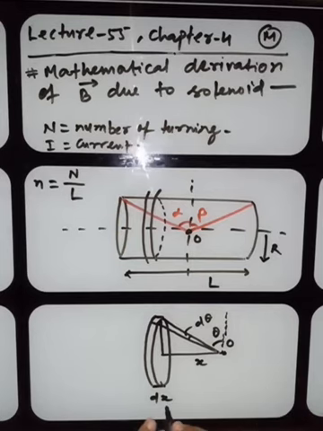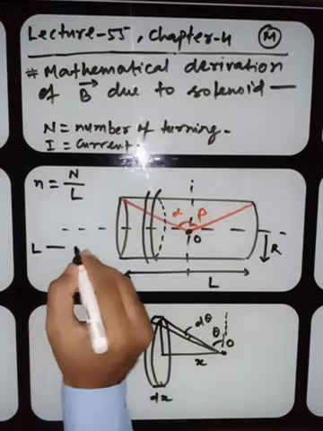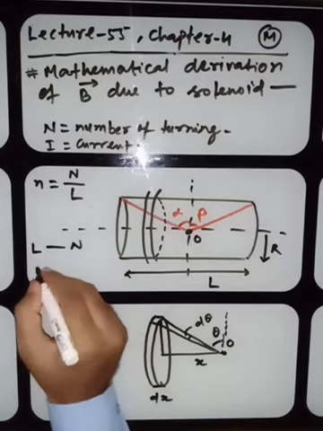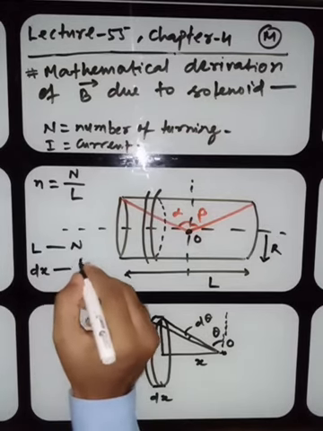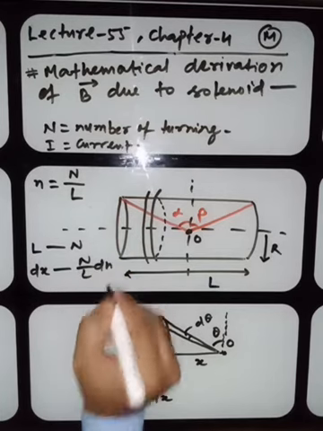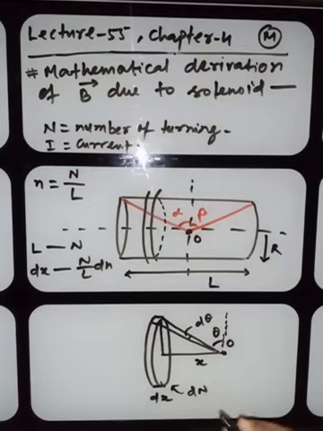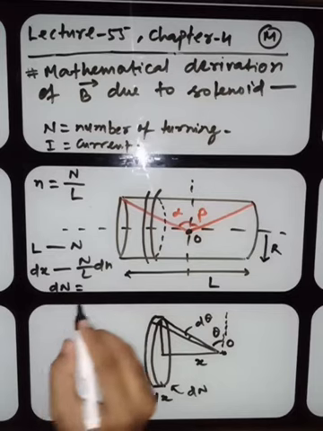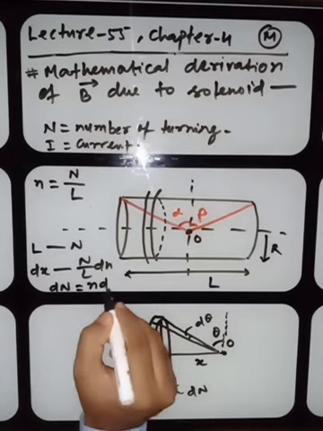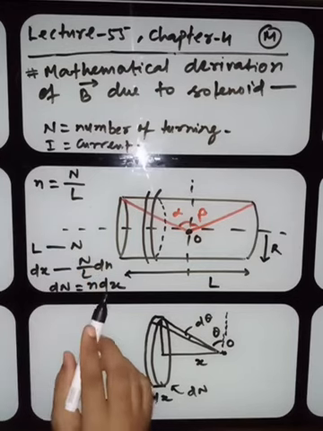In this dx, what will be the number of turns? In the total length L, the total number of turns is N. So in dx length, the number of turns will be N by L into dx. This is dn, so dn is N by L into dx.